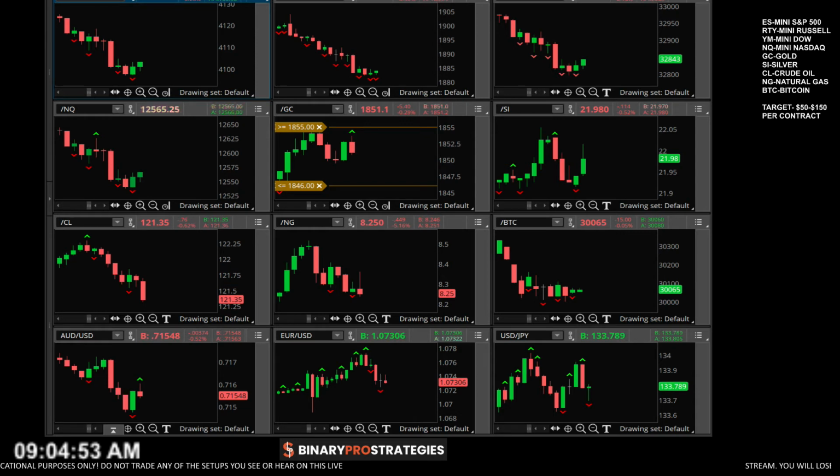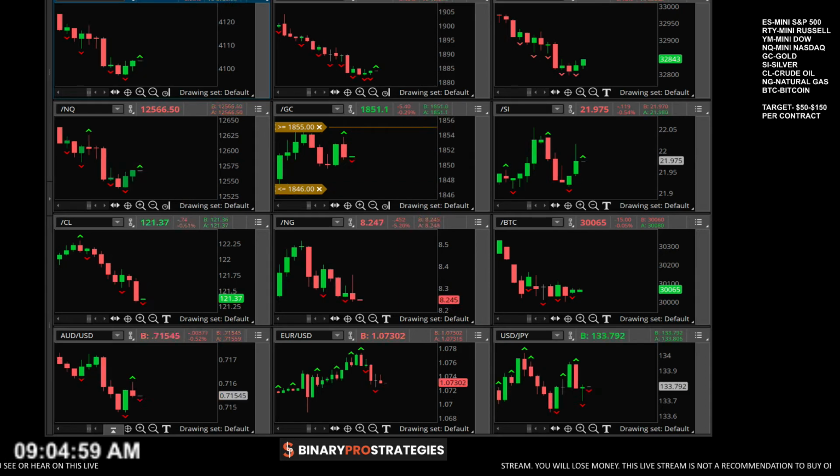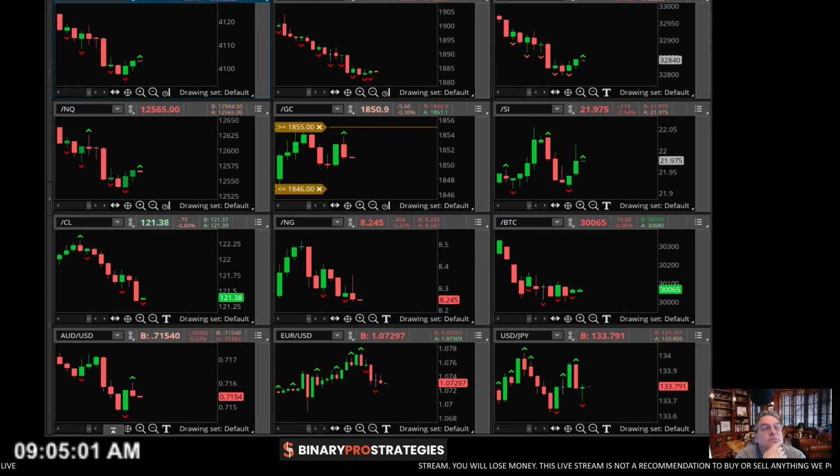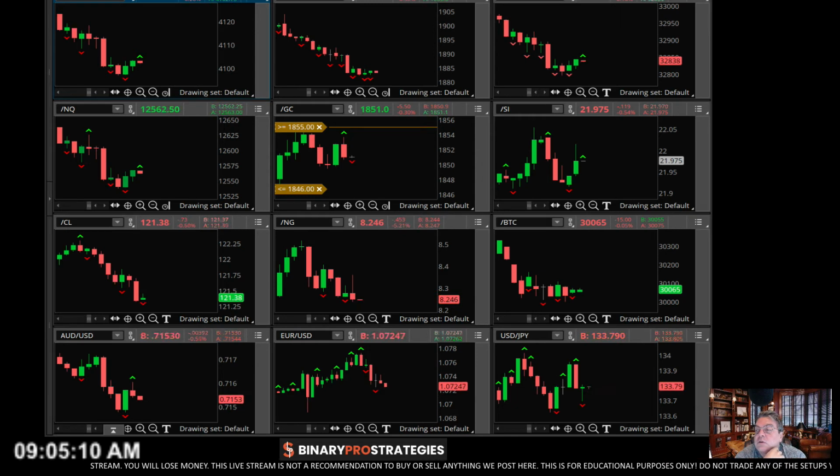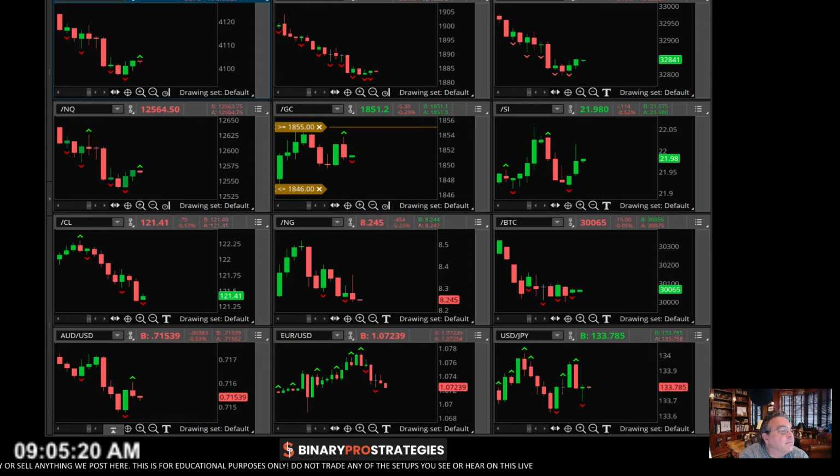All right, while we're waiting for a setup here, let's take a look at our overnight positions. These trades are placed on the prior night, and they will exit today at a predetermined time.